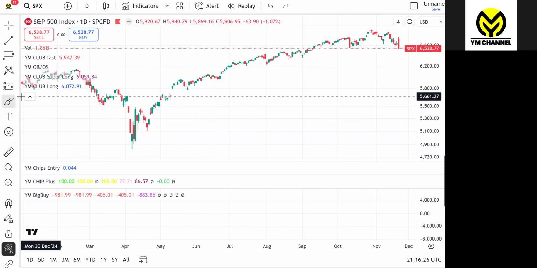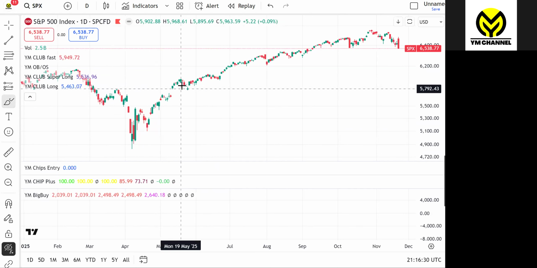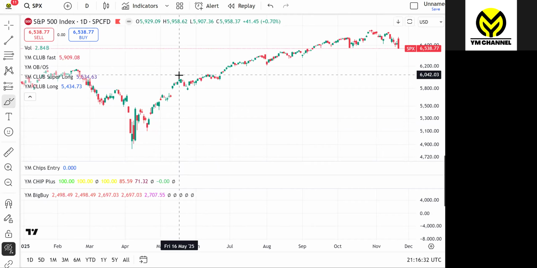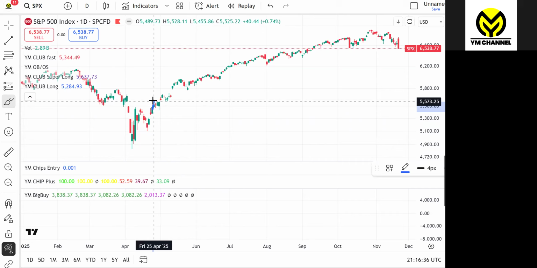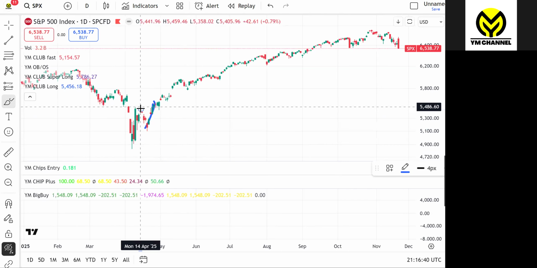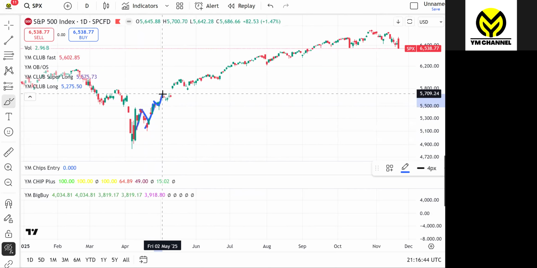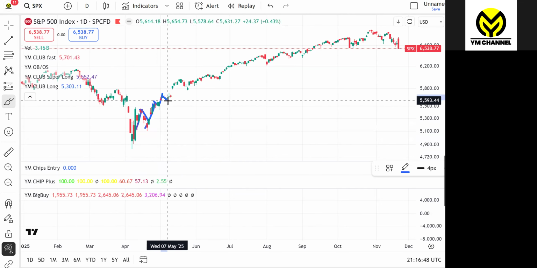From the textbook, some people buy when the stock breaks through the previous peak. For example, here, they break through the previous peak and they buy.